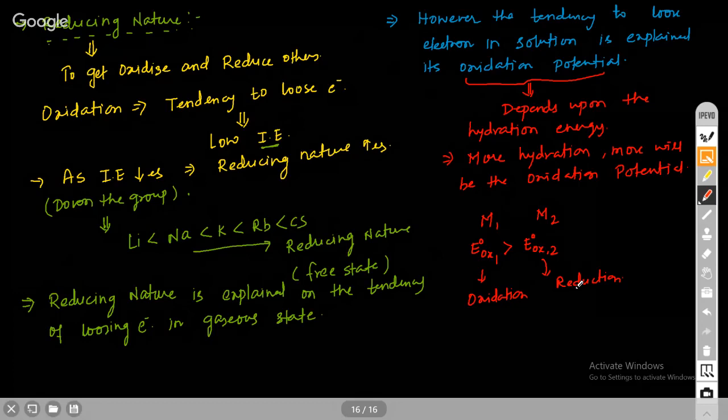And when oxidation takes place for that metal, it will reduce others, and that is nothing but the reducing nature, right? So basically, in solution, the reducing nature of a metal is defined by its hydration energy. That is a point you have to keep in mind. In the gaseous state, the reducing nature is defined by what? Ionization energy. But in solution, reducing nature is defined by its hydration energy.